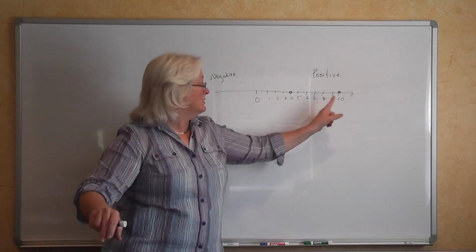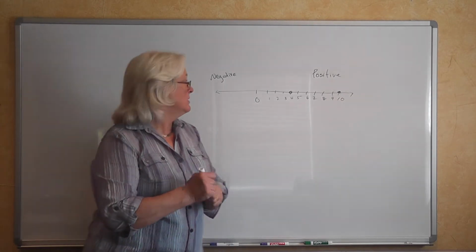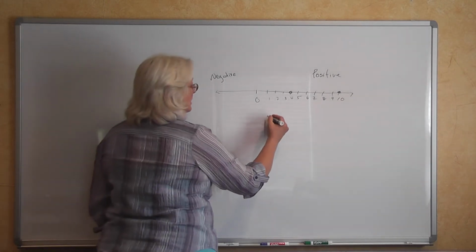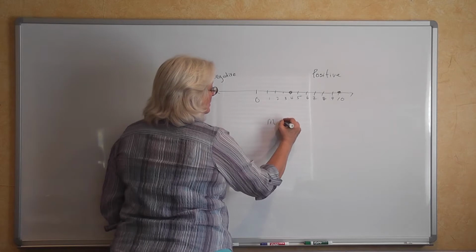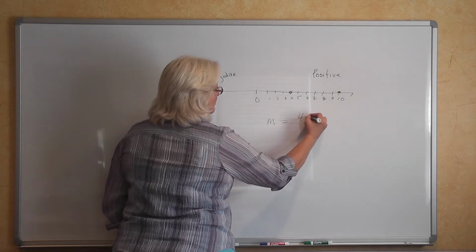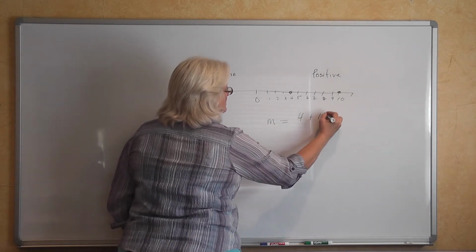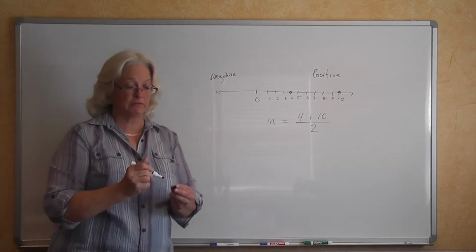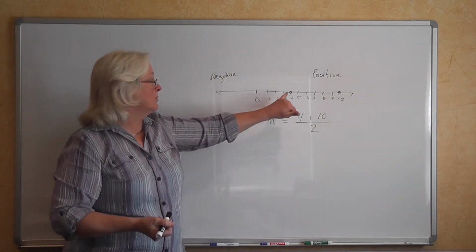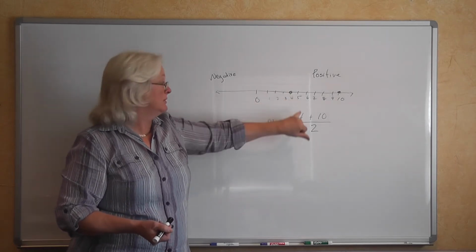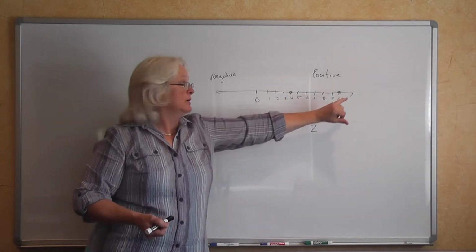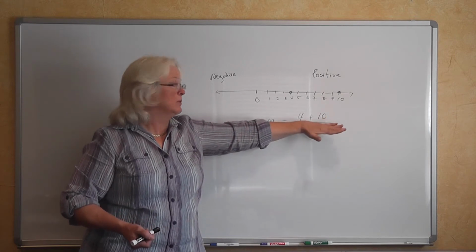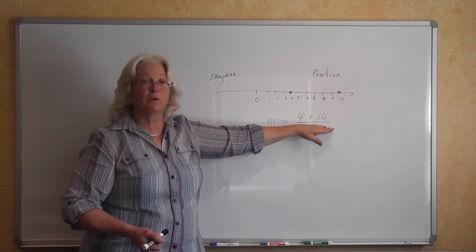The midpoint of two numbers on a number line is found by adding together the coordinates of the 2 points and dividing it in half. So the coordinate of the first point plus the coordinate of the second point, we're going to add together, and then we're going to divide it by 2.